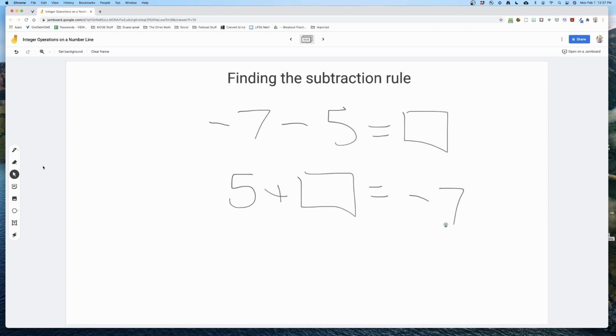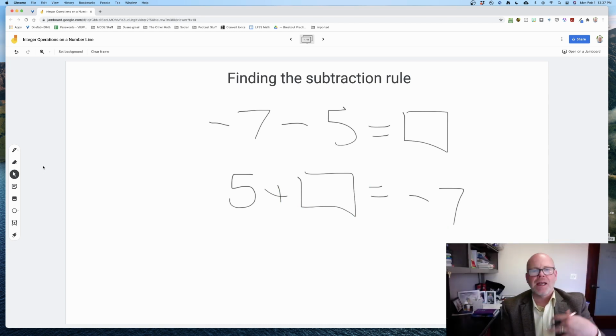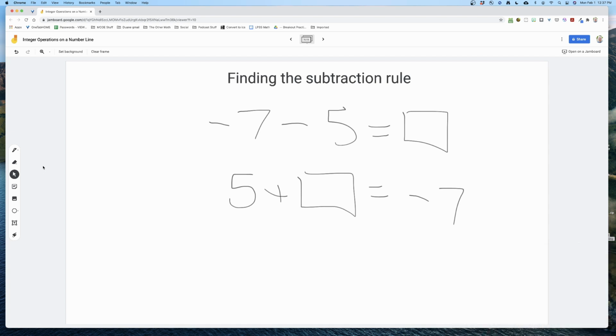That's our starting point, and now we're going to use the resulting visual representation to see if we can begin the process of finding the rule. So we're going to draw this on a number line. There is our number line.